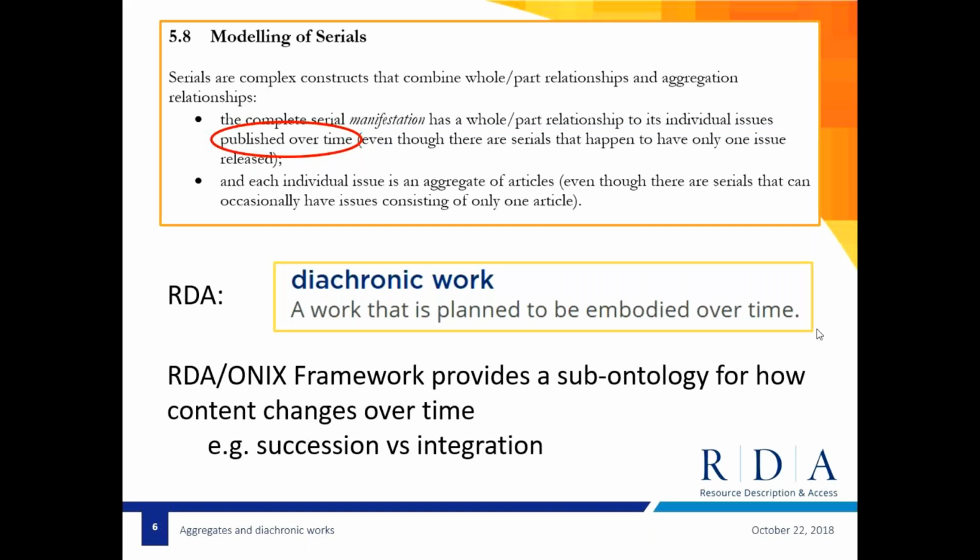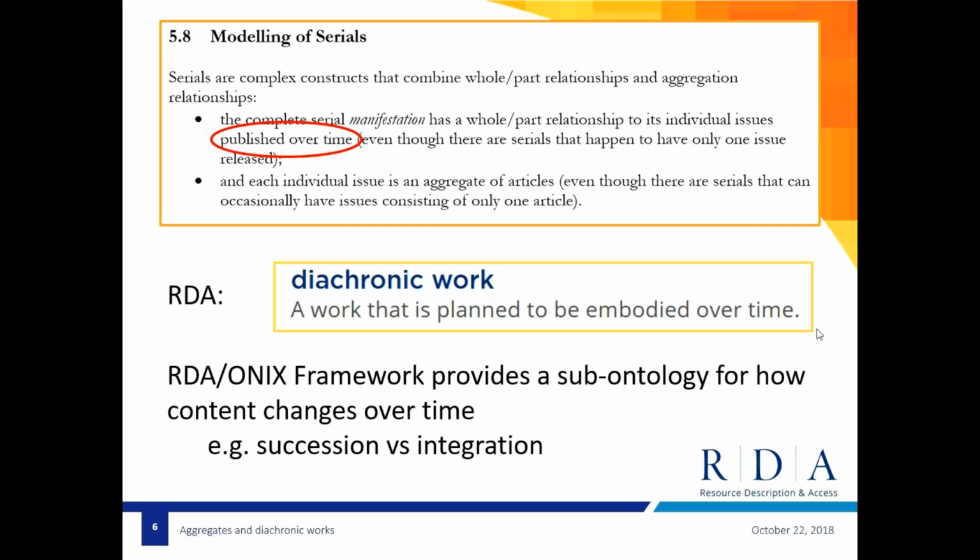And having come up with this new concept, we knew we were on the right track because of the RDA Onix framework, which is a piece that RSC developed with the publisher community and the Onix codes way back, at least 10 years ago, that provides a sub-ontology for how content is intended to change over time.